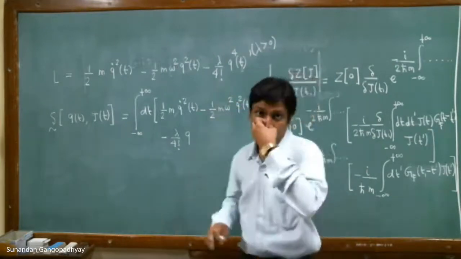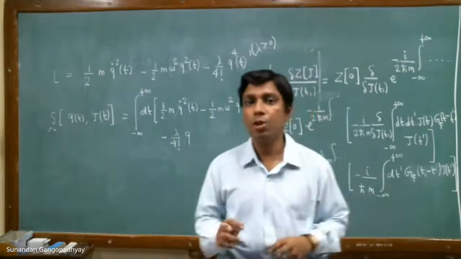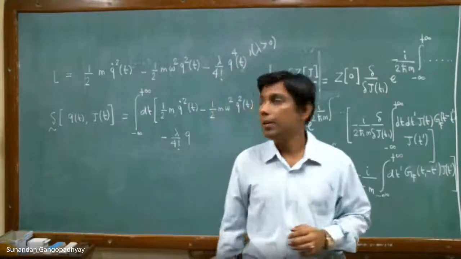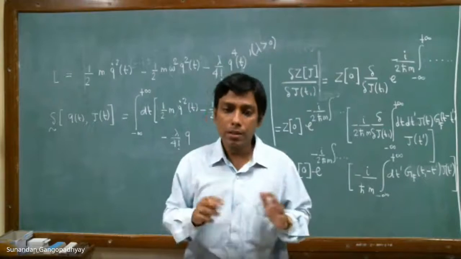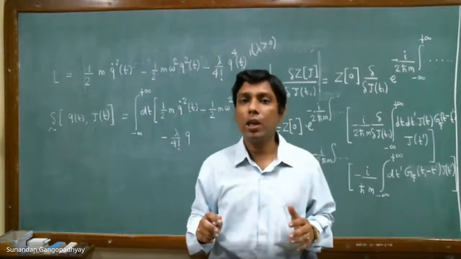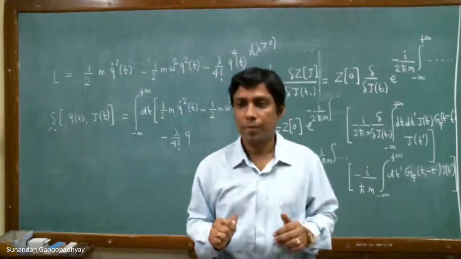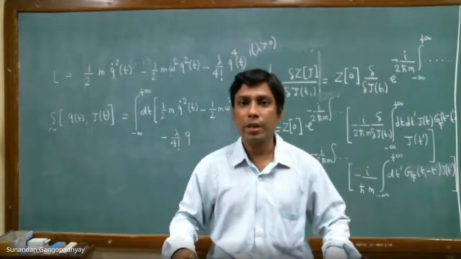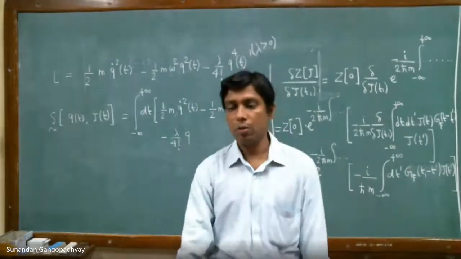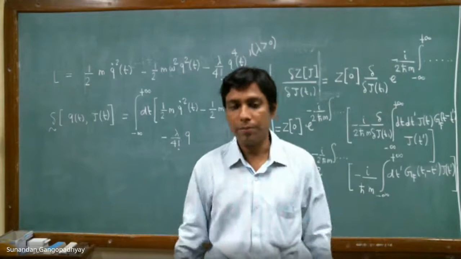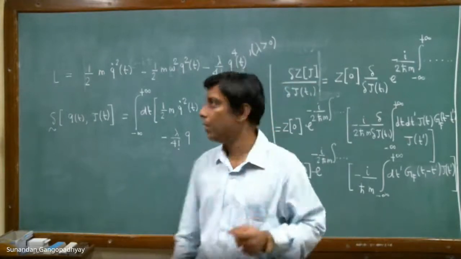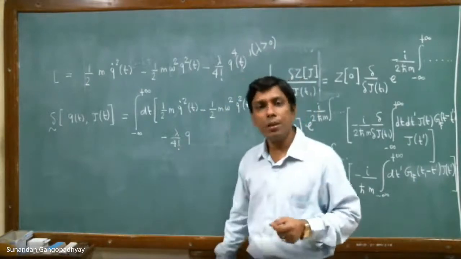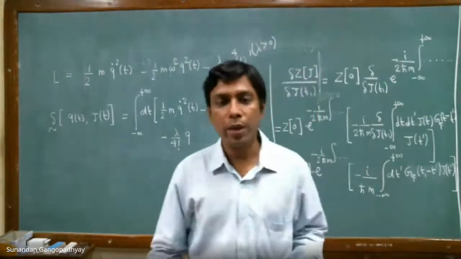That will be 0 here when you make a transformation from q to minus q. But if you put in a q cube term, then this quantum harmonic oscillator will not have a stable ground state energy. Will not have a minimum ground state energy, because it can go down and down. So what is a minimum? You don't know what it is. So in order to avoid that problem, you put in a q to the power of 4 term. But in principle, you are right. You can put q cube and whatever.